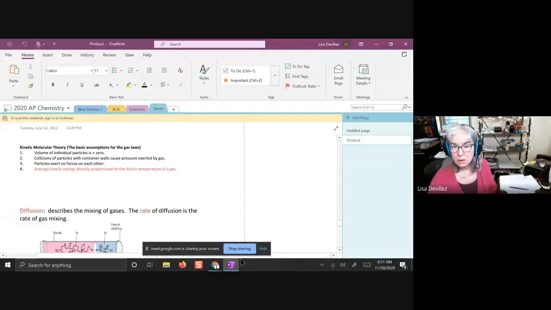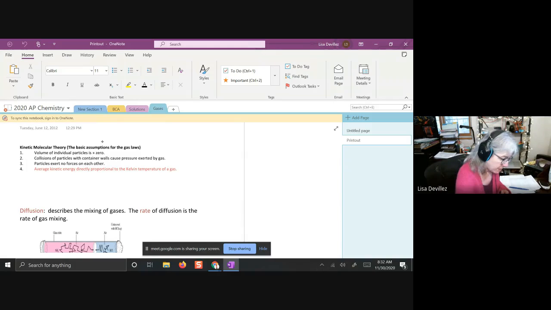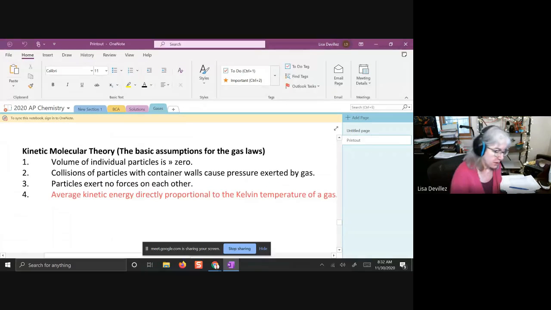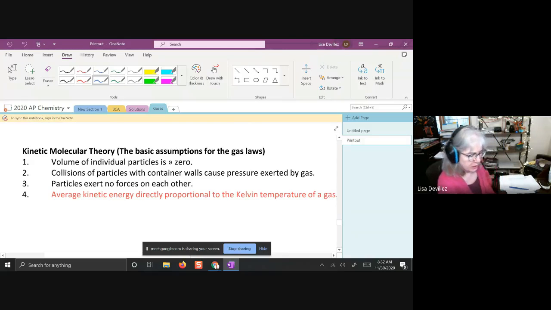Okay, so let me share my screen. We're working with that same set of notes. Okay, here we go. The first thing, we mentioned this the first day, but we didn't really focus on it. But kinetic molecular theory, and the equation we've been using, PV equals nRT, that's the ideal gas law.